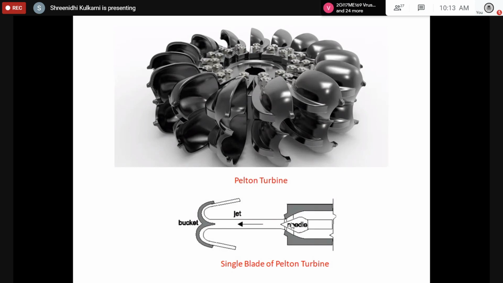The reason is tangential flow. If alpha 1 is 0, the inlet velocity triangle is a straight line. This is very important in a Pelton wheel.